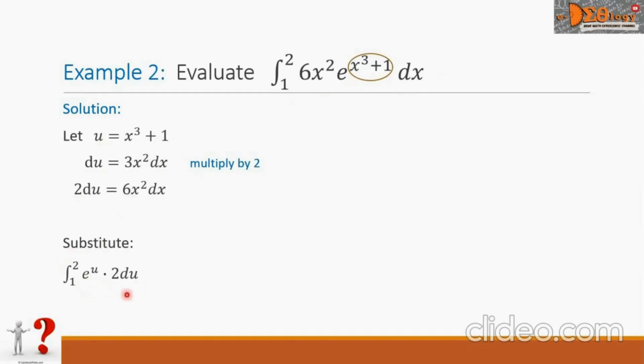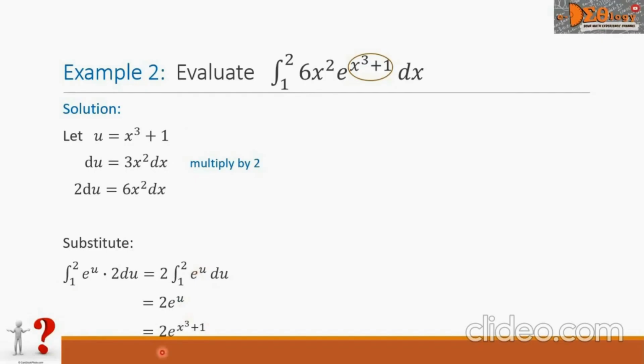Let us simplify this first by putting the number 2 outside the integral sign. We have now 2 times the integral from 1 to 2 of e^u du. We know that the integral of e^u du is simply e^u. So we write 2 e raised to u. Returning the value of u, we have 2 times e raised to x cubed plus 1.